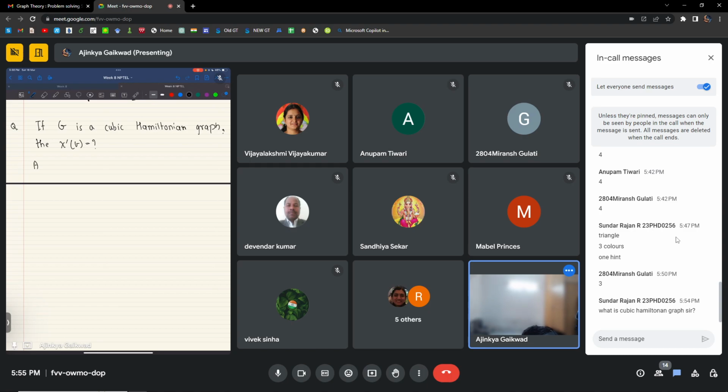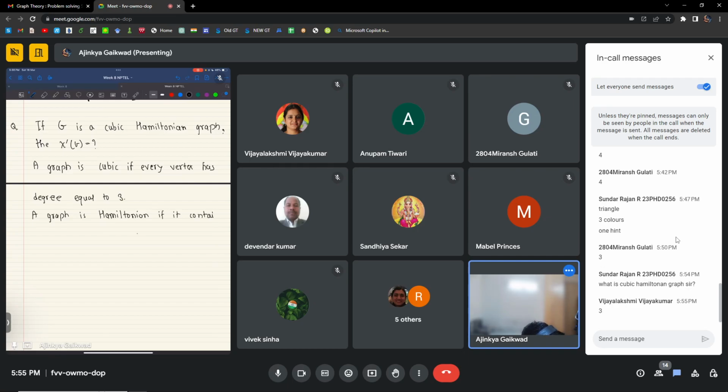A graph is cubic if every vertex has degree equal to 3, and a graph is Hamiltonian if it contains a Hamiltonian cycle.